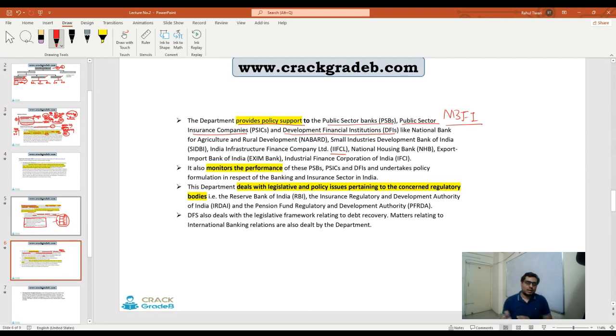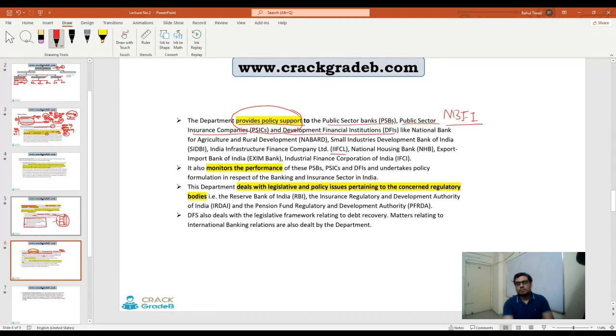But among all others, the Department of Economic Affairs. So suppose that we need a bad bank, right? And in this year's budget, the government has talked about the bad bank and they are going to implement it, right? So first, banks and other institutions faced some difficulties related to NPAs. Then the Department of Financial Services came into action because they are responsible for providing policy support.